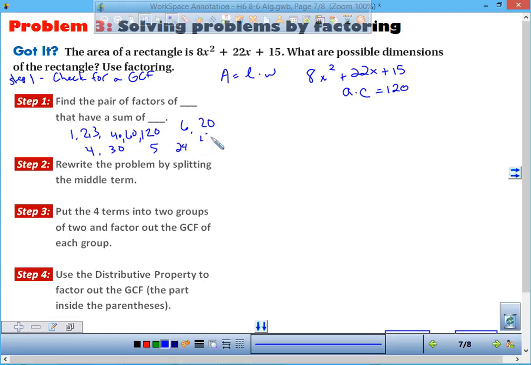Okay, 12 and 10. 12 times 10 gives us 120, and 12 plus 10 gives us 22. Okay, so those are our two factors.